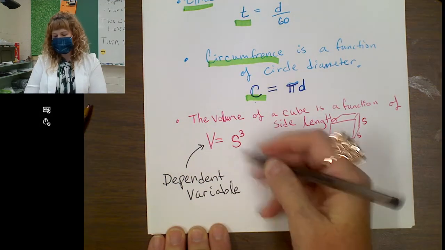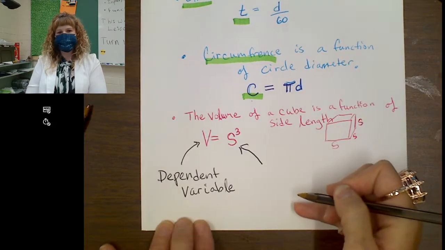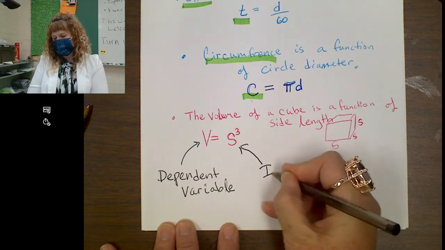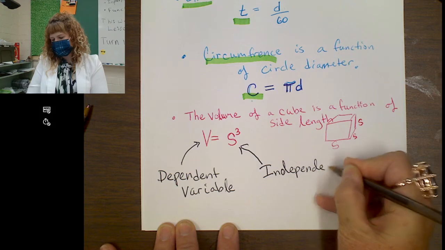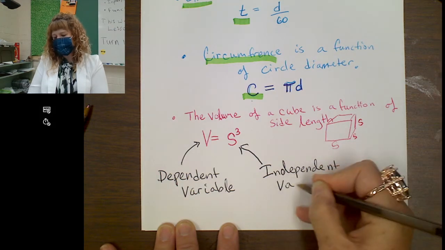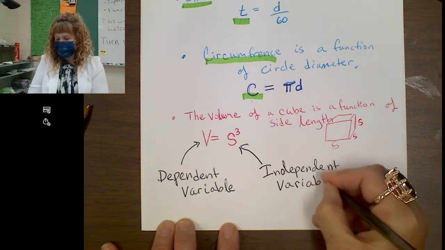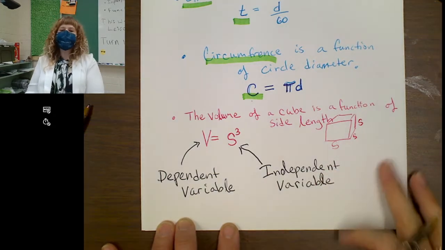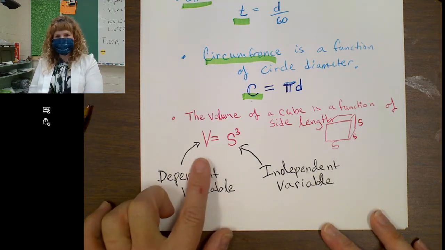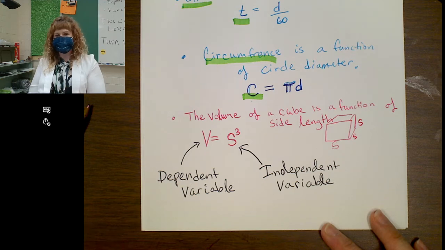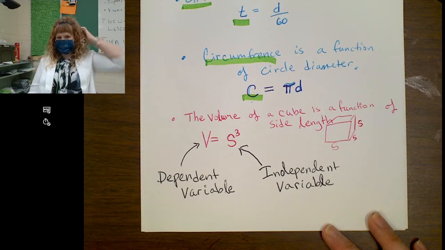So we call it the dependent variable. And the side length of the cube, we call that the independent variable. You need to know the names independent variable and dependent variable because in your assignment, you're going to learn how to rearrange equations so that you can choose which one will be the dependent variable or the independent variable. I'll give you an example of that.